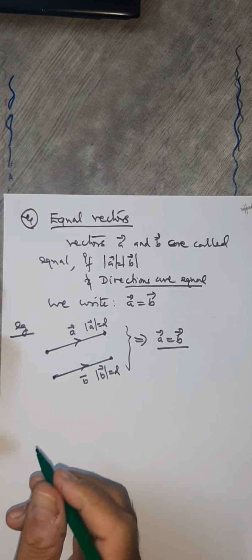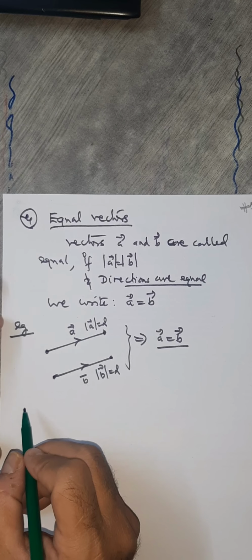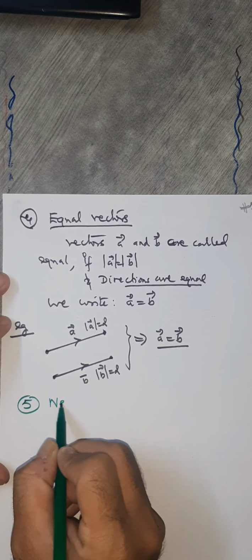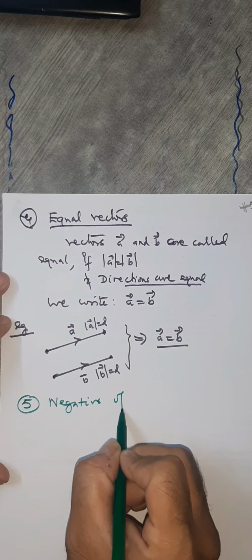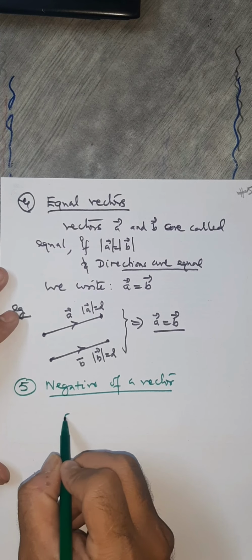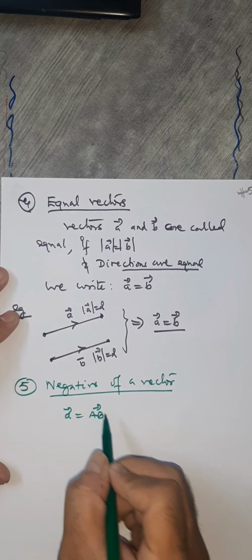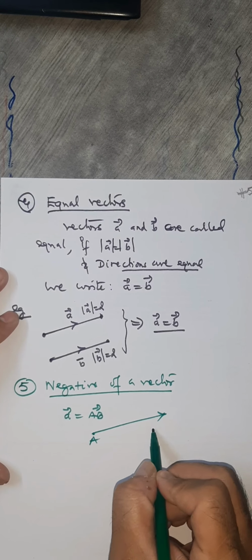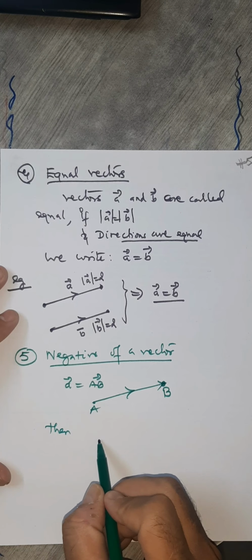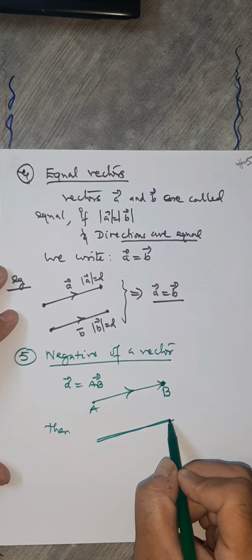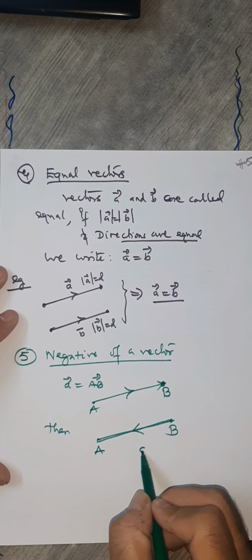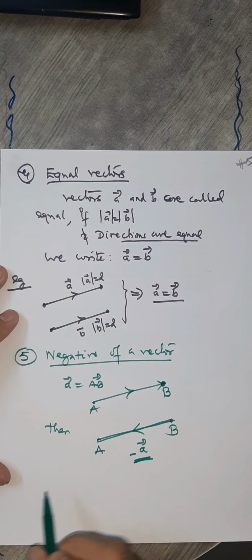And then here, sometimes we have additive inverse of a vector. That's sometimes called negative of the given vector. So let me write that: negative of a vector. That is, additive inverse in general. So if you have one vector, for example, vector A to B, like this. This is A, here B. Then if I consider vector from B to A, like this, this is nothing but the negative, that is minus of this.